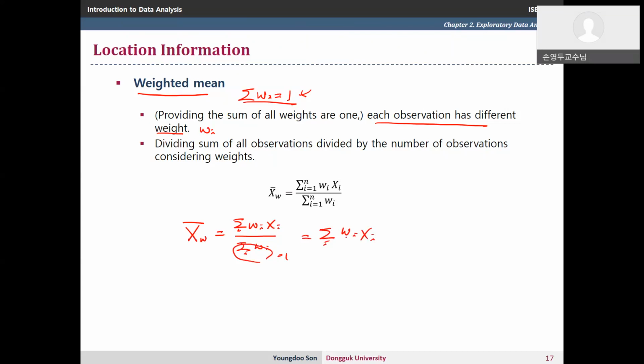So by changing this weight, we can modify the importance of each observation. In other words, the degree of effect of each observation on the weighted mean, the representative value.